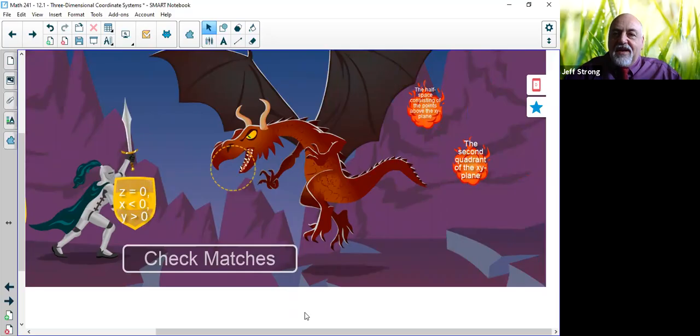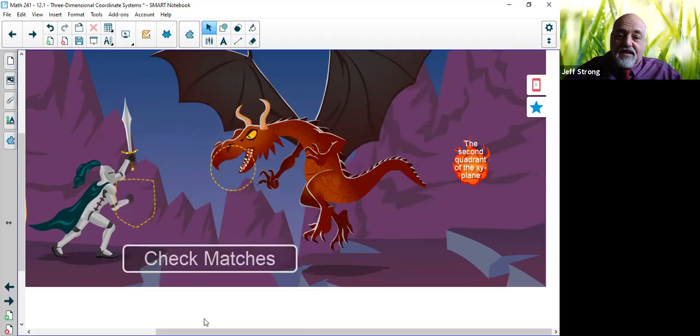So the half space, let's see, on the second quadrant, no. The half space consisting of the points above the xy plane. Z equals 0. I'm not sure about that, but let's test it.